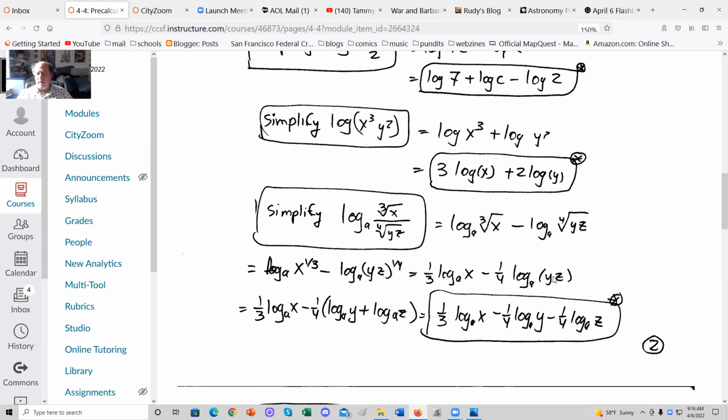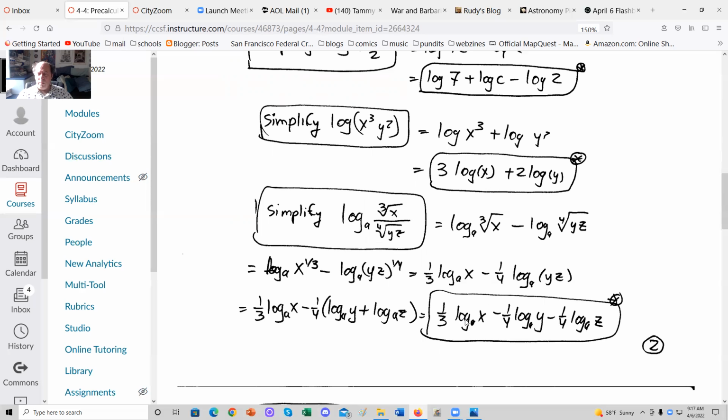Now here is where things are a little tricky, I have to be careful. Log base a of this product is a sum of log base a. So 1/3 log base a of x minus a quarter of the sum log base a of y plus log base a of z. Now you have to watch out, because you have to distribute the negative quarter, and that means this sum turns into a difference.